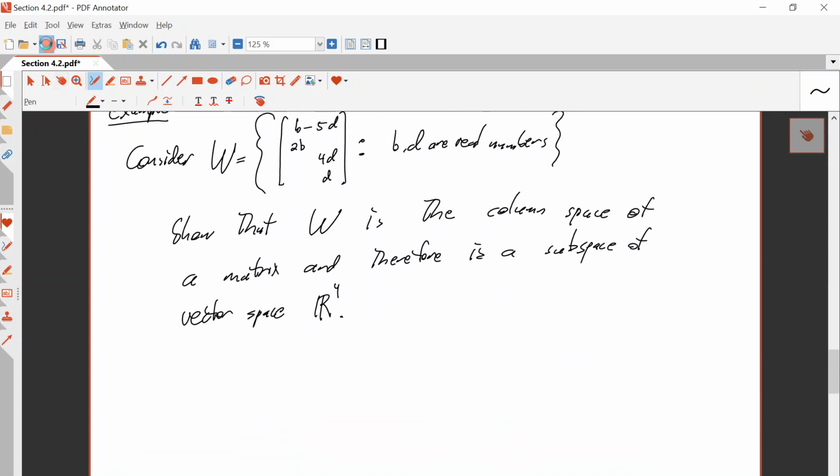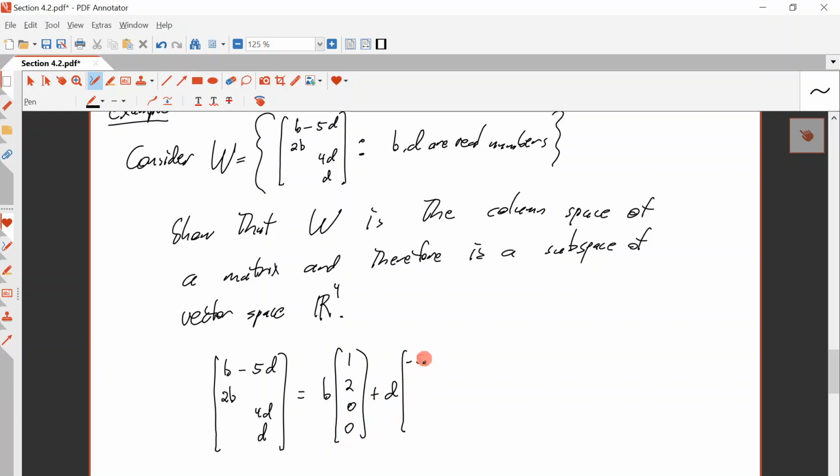Well, we can just look at this and write it as follows. It is b times the vector 1, 2, 0, 0 plus d times the vector minus 5, 0, 4, 1.